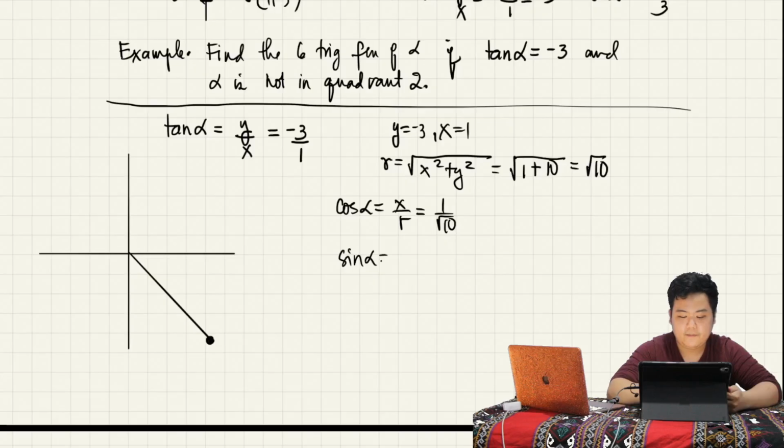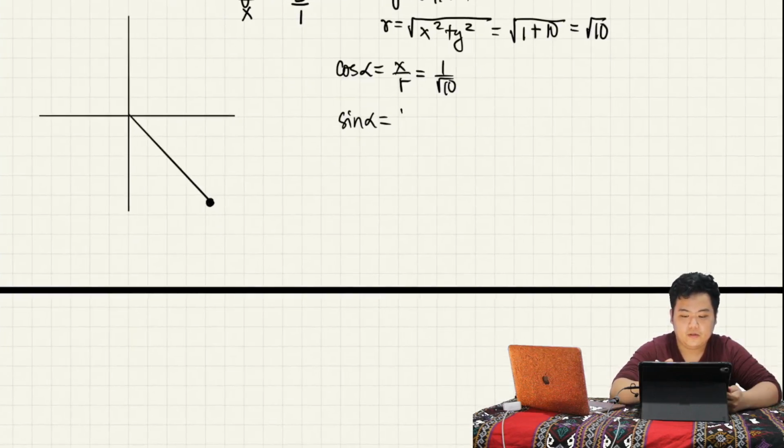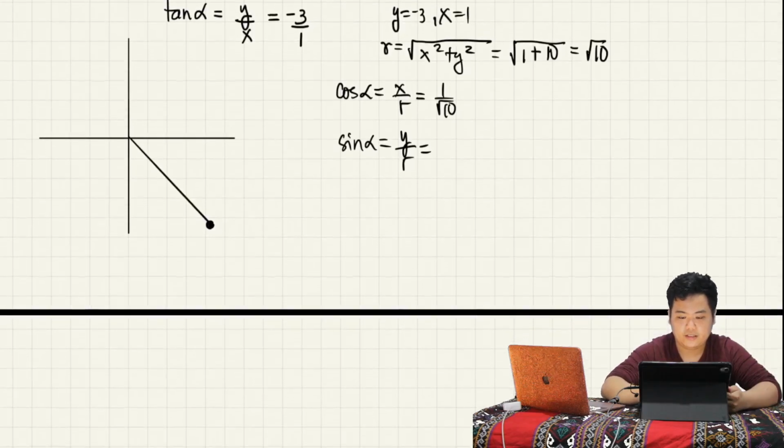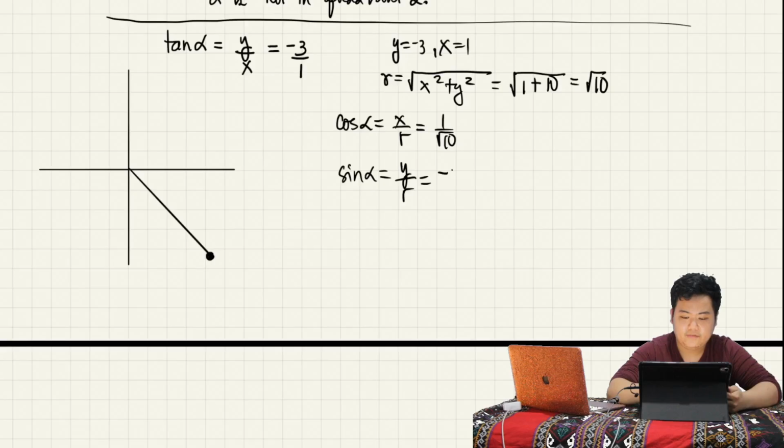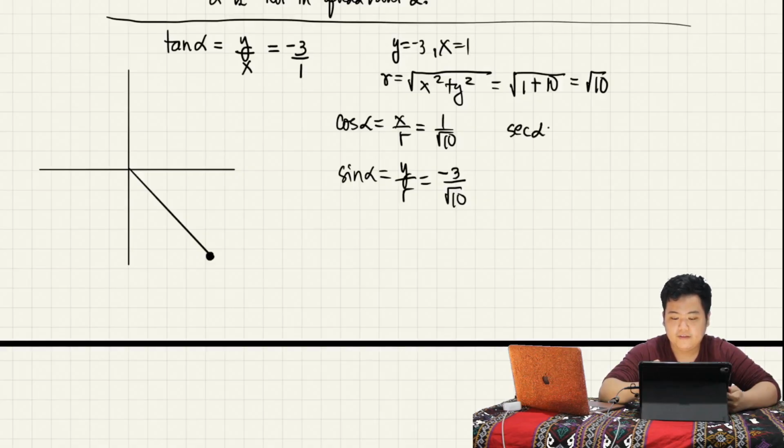Sine alpha, y over r, which is negative 3 over square root of 10. Tangent alpha, meron na tayo. This is tangent alpha. Secant alpha, reciprocal of cosine.